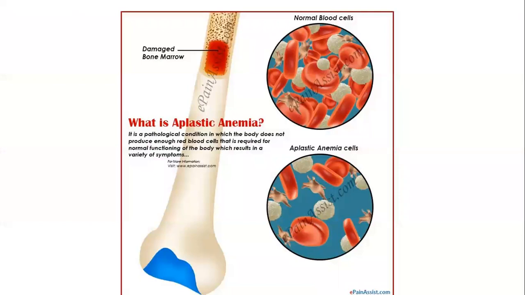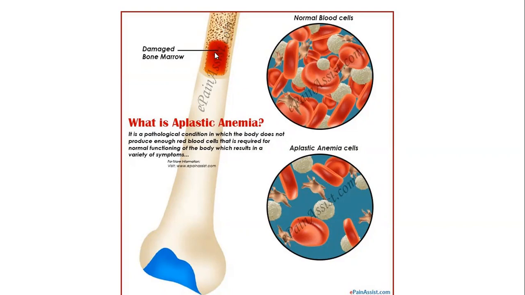So next here we can go to a special type of anemia. It's called aplastic anemia. Here we can see two pictures. Normal blood is full of cells, but in aplastic anemia you see the cells are very few. And this is the long bone, and this is called bone marrow.